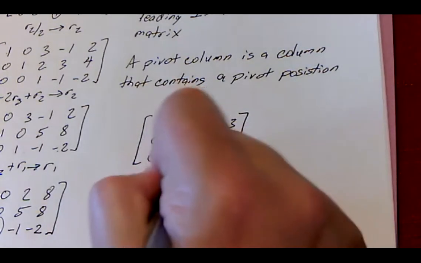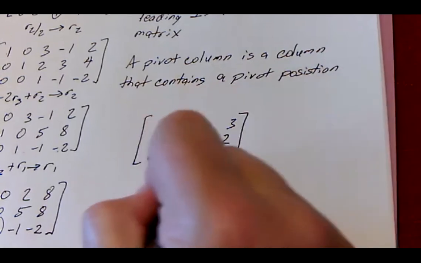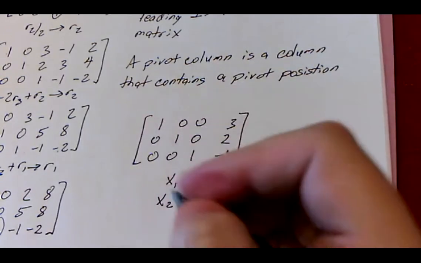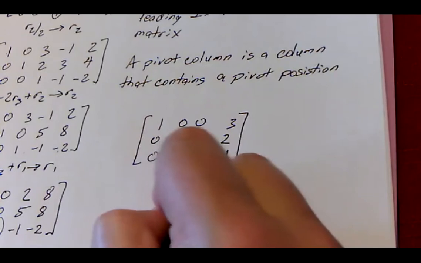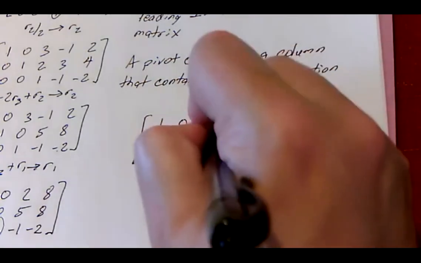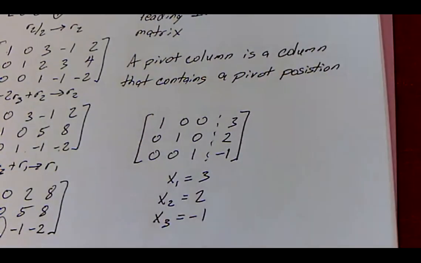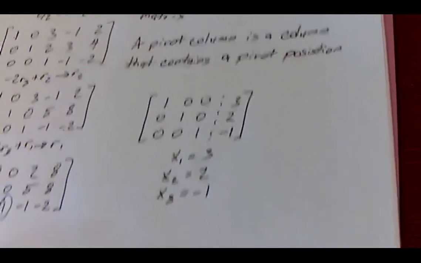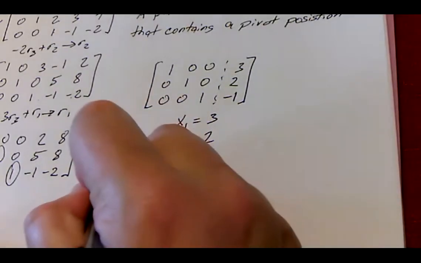And we also used that to identify the solution when we did that in the previous section. So x1 was 3, x2 was 2, and x3 equaled -1, if we think of this as an augmented matrix. So we're going to use that language to help us figure out the existence and uniqueness of a solution. So remember our two main questions.